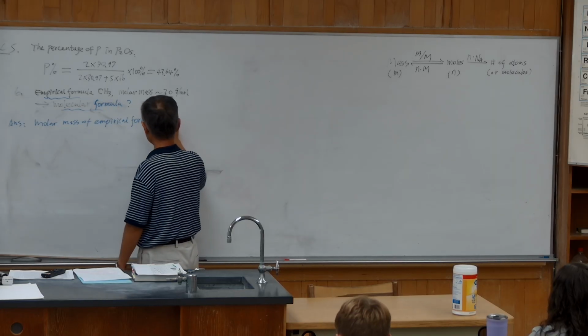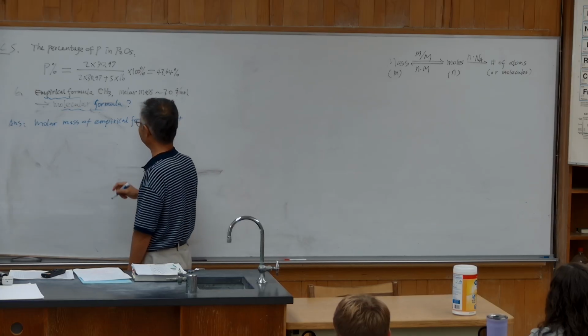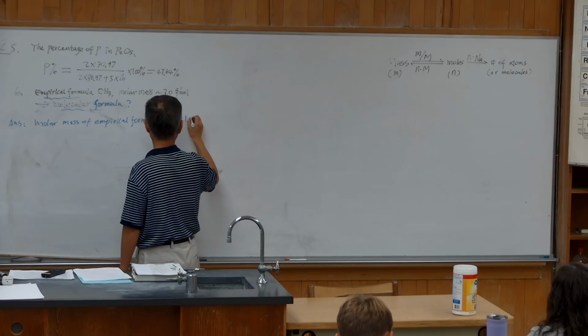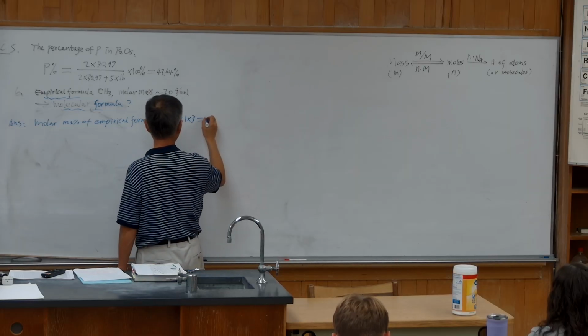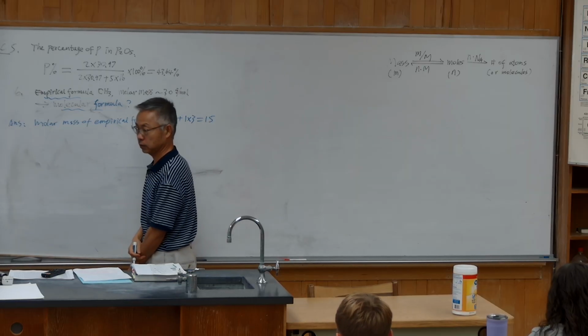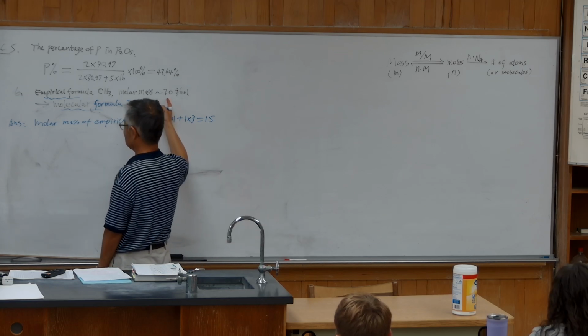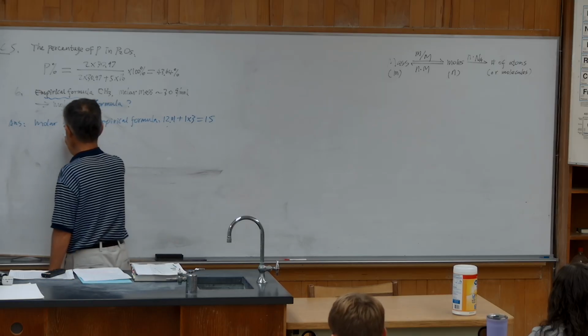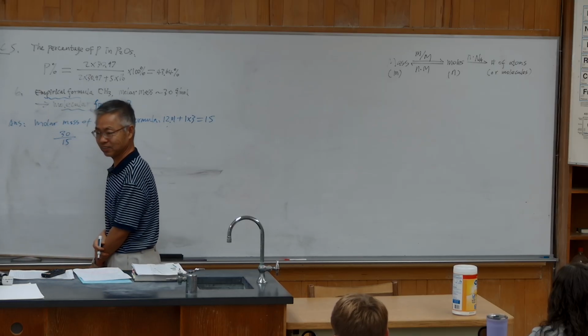1 carbon, so carbon's molar mass is 12.01, just simply 12. Hydrogen is 1, and you need to multiply by 3 for 3 hydrogens. Total 15. The molar mass of the molecular formula is 30. The molar mass of the empirical formula is 15.